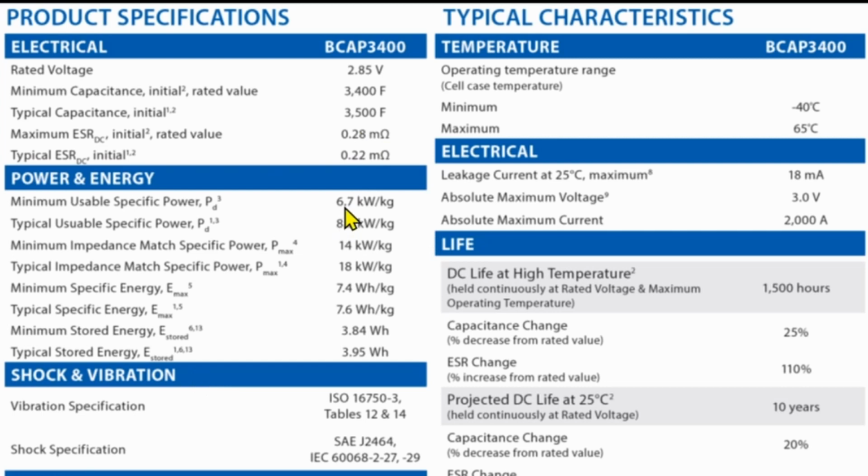Here you have a specific power, 6.7 kilowatt per kilogram, and so on, 8.5 kilowatts. And here all this data is given, temperature resistance, and so on. Yes, projected lifetime 10 years. This depends really on the temperature and the voltages you apply. Absolute maximum current here 2000 amps, that's quite a lot.